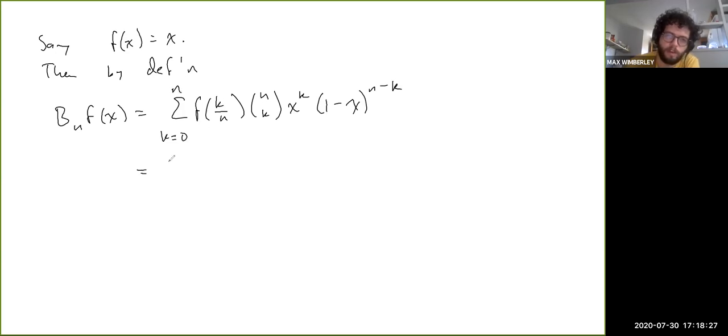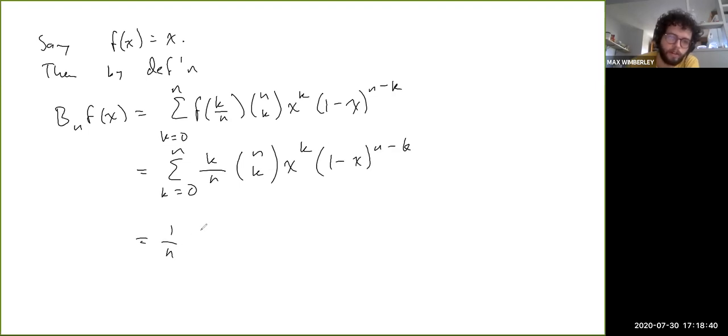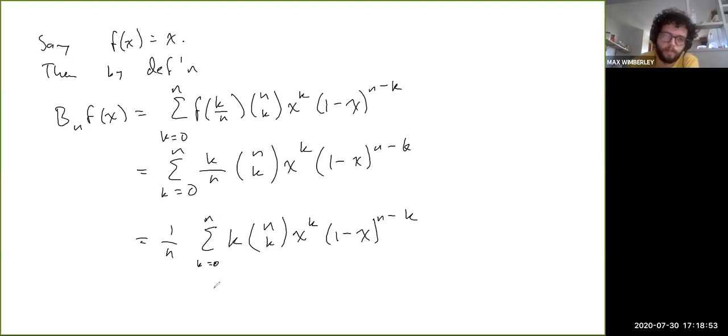So this is just k over n. This is the sum, k equals 0 to n, k over n, n choose k, x to the k, 1 minus x to the n minus k. And then this is 1 over n times the sum of k, n choose k, x to the k, 1 minus x to the n minus k, from k equals 0 to n.